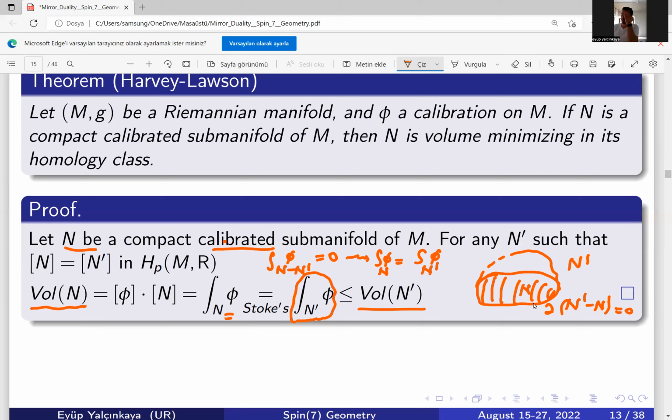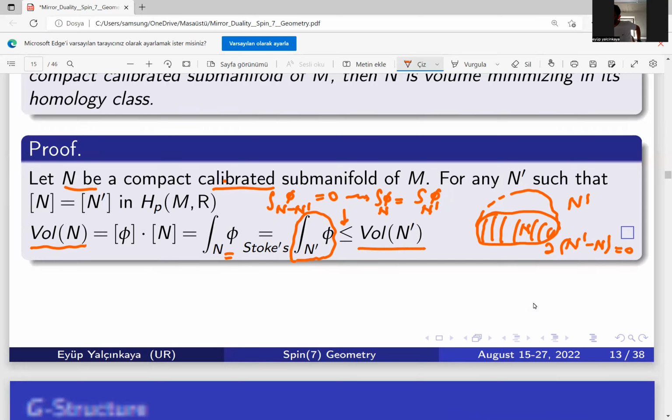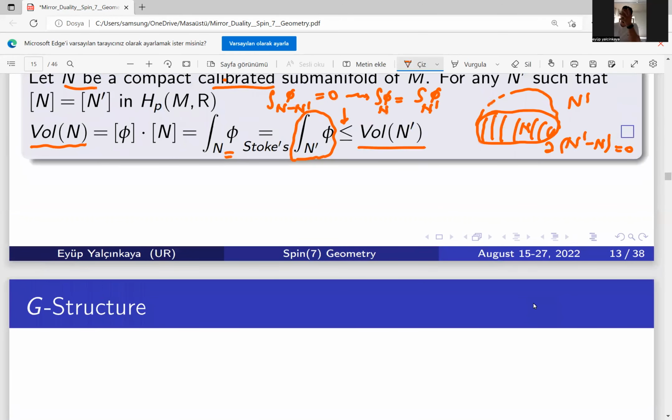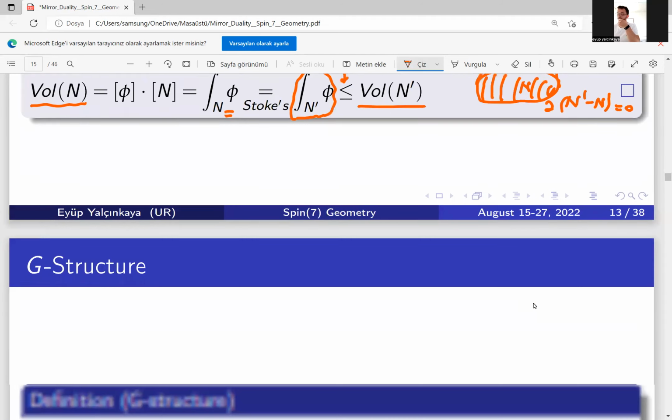This one is the crucial point of our theory, because at the beginning we said that the integral over each submanifold is smaller than or equal to the volume, and then directly we can say that volume N is smaller than volume M prime.